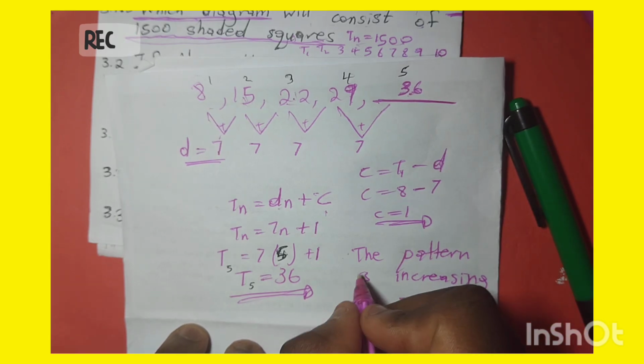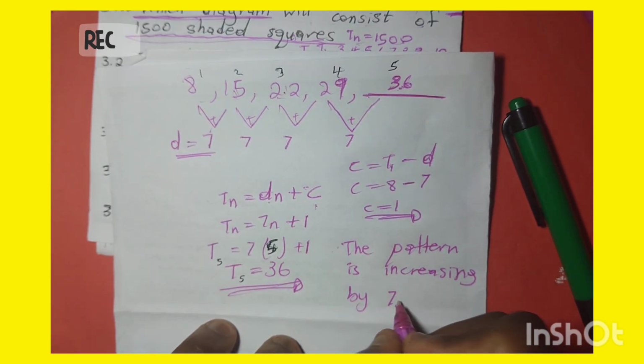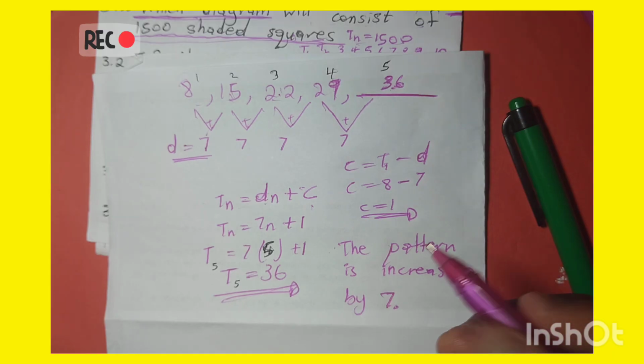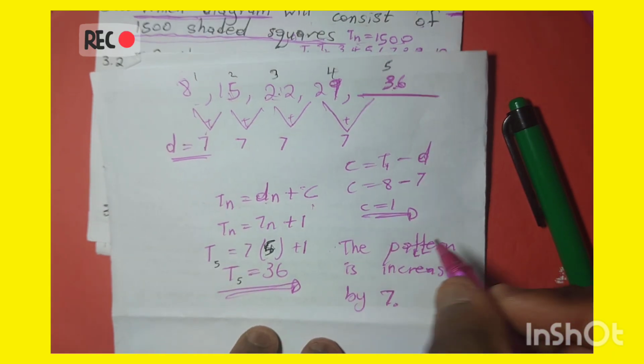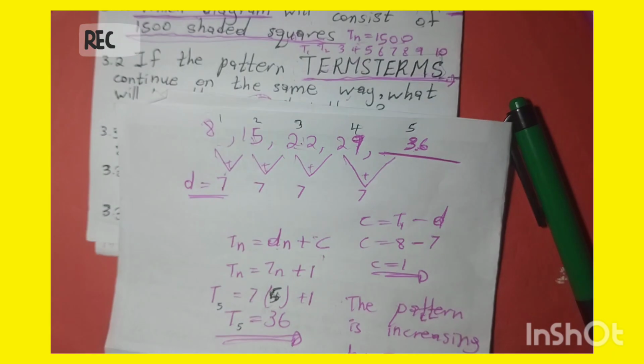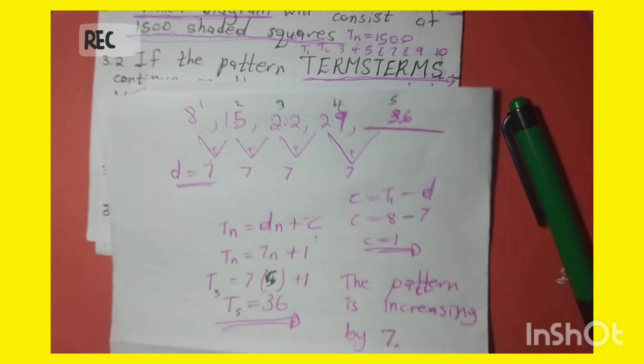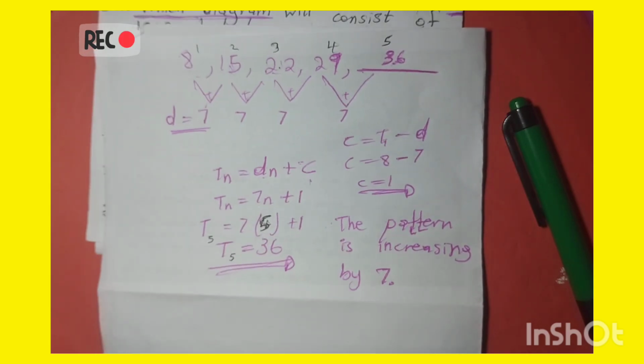Yeah, just like that. There is nothing else that you will do, because the pattern is increasing by 7. Do you see? So guys, when you see this question, don't panic. Just answer according to your understanding and straightforward.